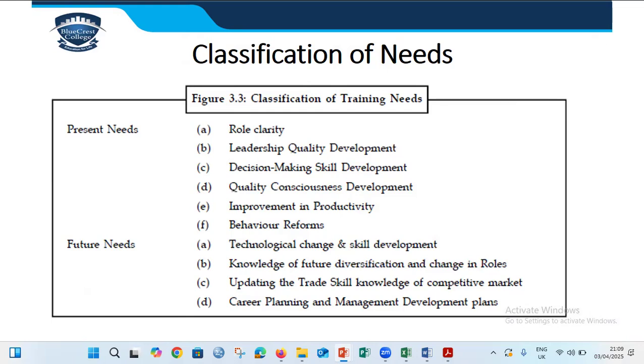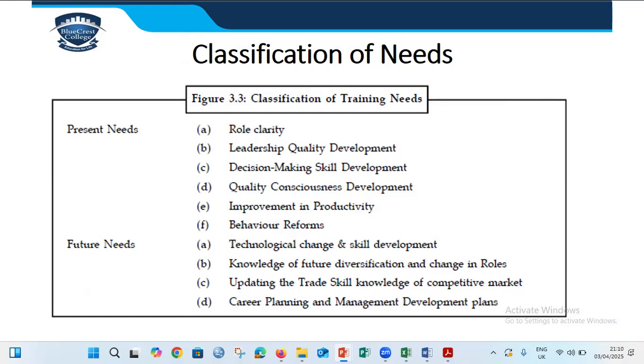You can also have improvement in productivity or behavior reforms. Needs that align to any of these can be considered present needs. What it means is that they are needs that you should provide training for immediately.